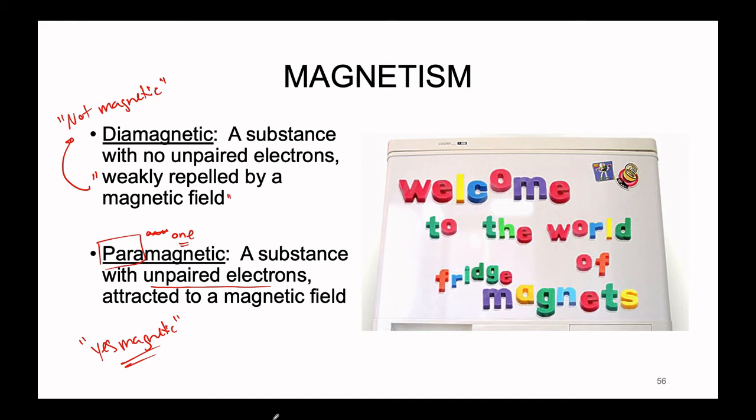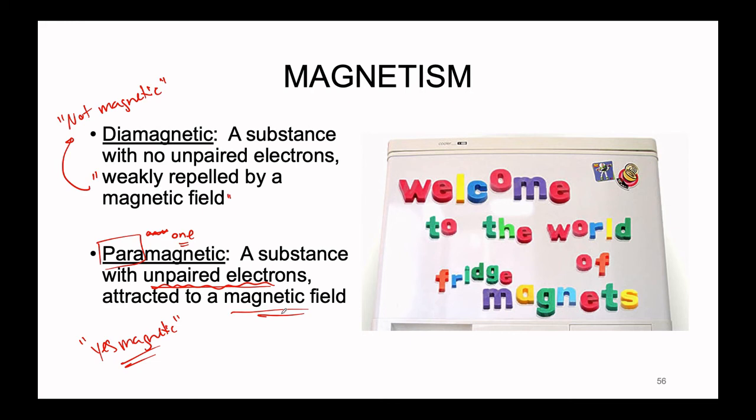And the reason why is this 1 unpaired electron is just seeking a partner. It's seeking stability in any case, in any way. And it just so happens that by orienting itself with a magnetic field, aka an electric field, it can gain a little bit of stability. So it's more stable for an unpaired electron to align with a magnetic field than it is to not.